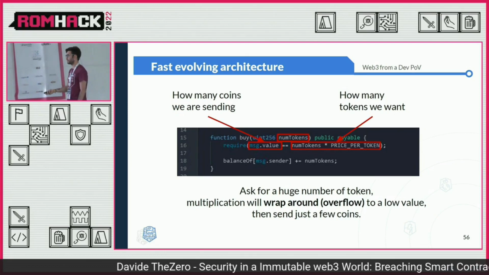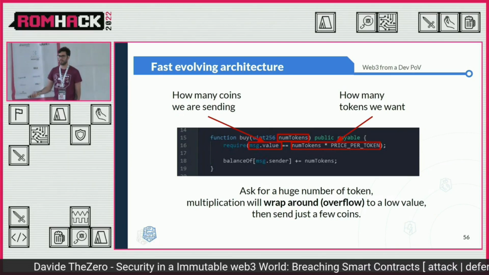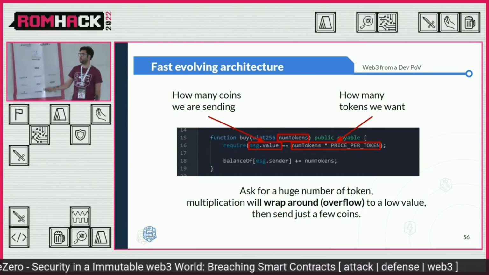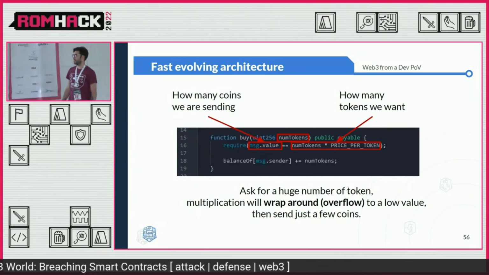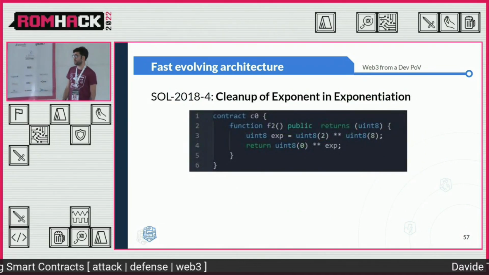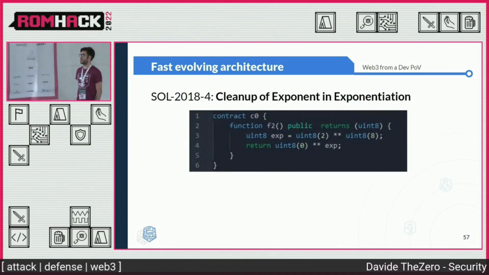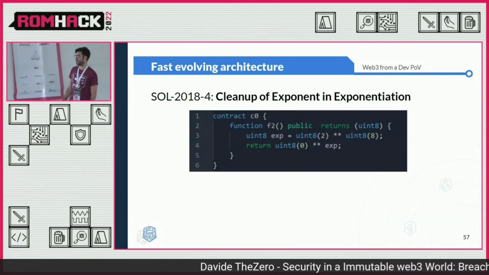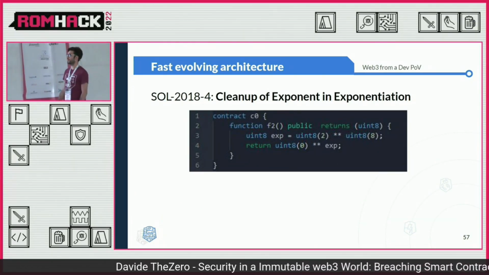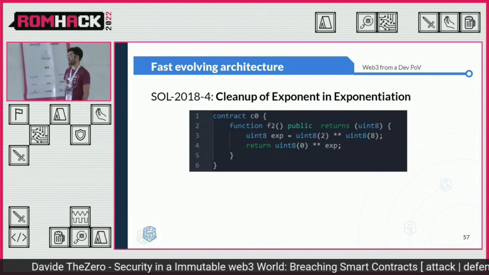And this is funny because the Ethereum developers managed to implement overflow in a language that was released in 2016 or so. And we have another bug here, namely SOL-2018-4, with a small smart contract.